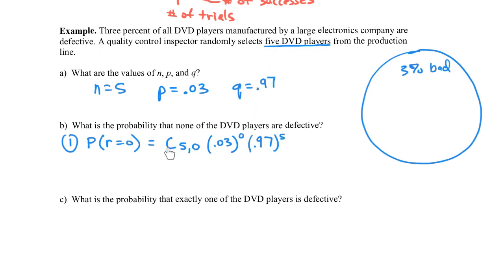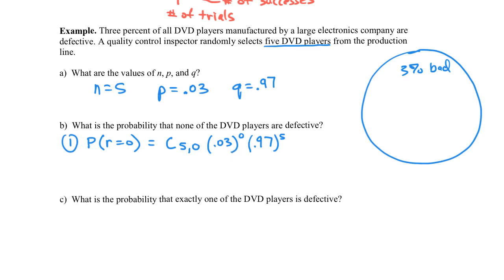And then you can look at this and see that the combination of 5 items taken 0 at a time, or remember the way our calculator does it, 5C0, that's how our calculator does it. Either way, any combination of items taken 0 at a time is always going to be 1. We know anything raised to the 0 power is 1, so this is also 1.